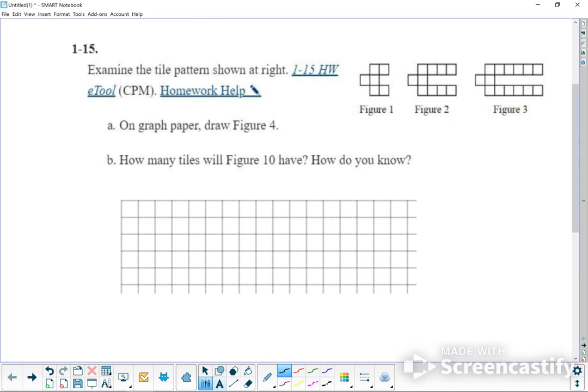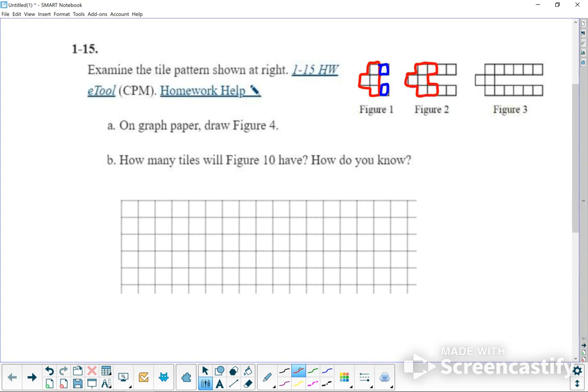Figure 1 looks like it has, so I'm thinking this is like the main part. Figure 1 has one extra set on the side. And then figure 2 is the same as figure 1, which has 2 on the side.